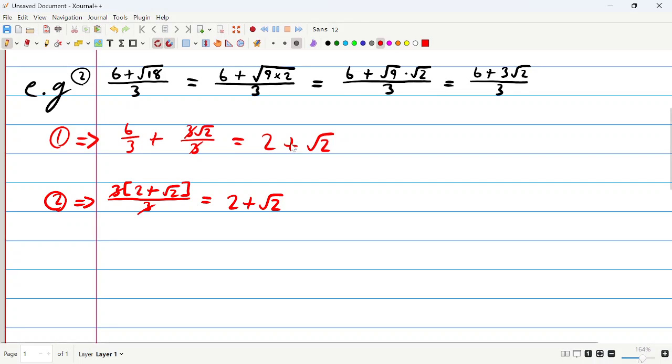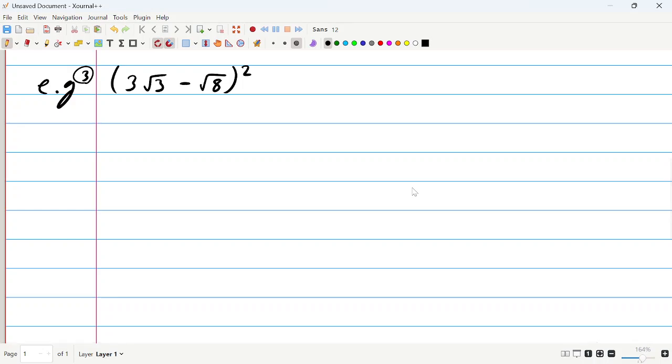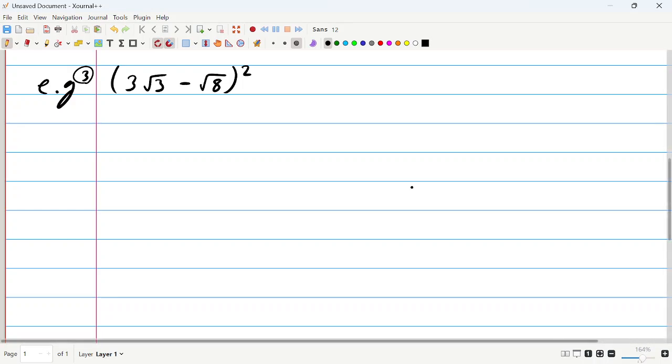Let's move on to another example. This one looks a little bit more intimidating, but remember that we have a surd inside. Before we can get to that, let's first expand this bracket.